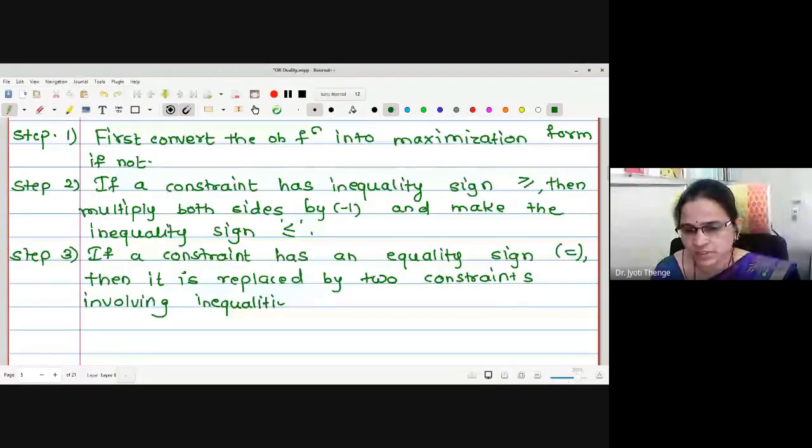Going in opposite direction is a reverse, no? One is less equal, another is greater equal. Going in opposite direction.